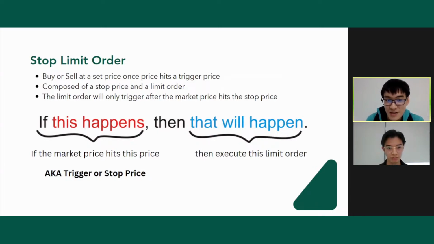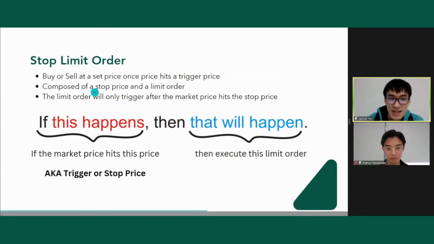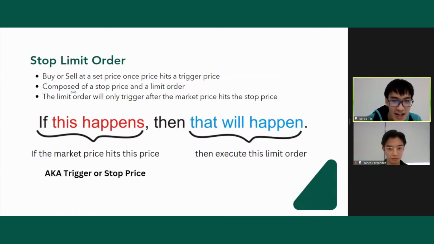So, ganun lang siya. If this happens, then execute mo itong order na to. It's composed of a stop price and then a limit order. Then the limit order will only trigger after the market price hits the stop price.